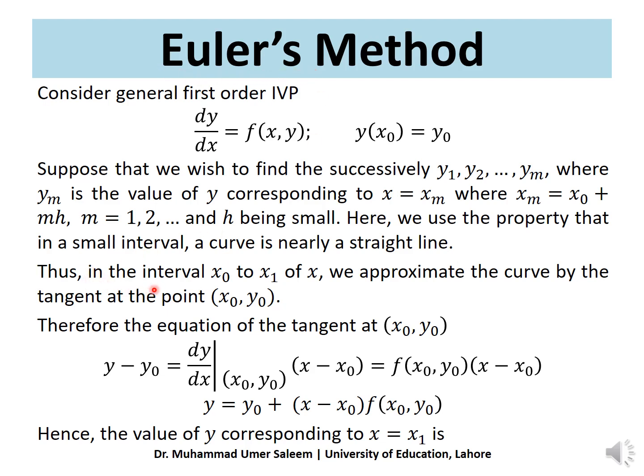Thus, in the interval x0 to x1 of x, we approximate the curve by the tangent at that point. To find the equation of a tangent, or a line, you always need two pieces of information. In this case we have one point, so this is one piece of information. The other should be another point, or the slope can be the other information.